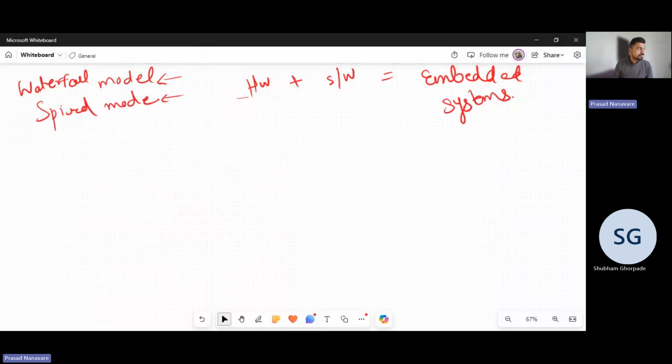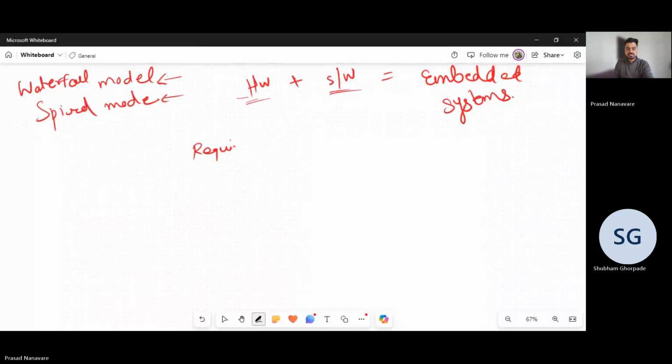So that is the thing with these two models. And now something that we're going to study right now is the combined approach of hardware and software design, how it is actually taken forward. I mean, developing both the systems in parallel and then combining or testing. How does it really work?